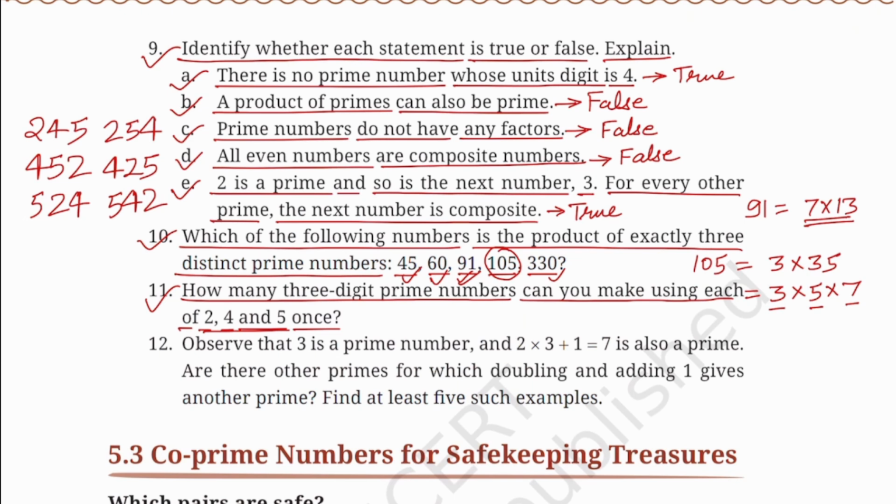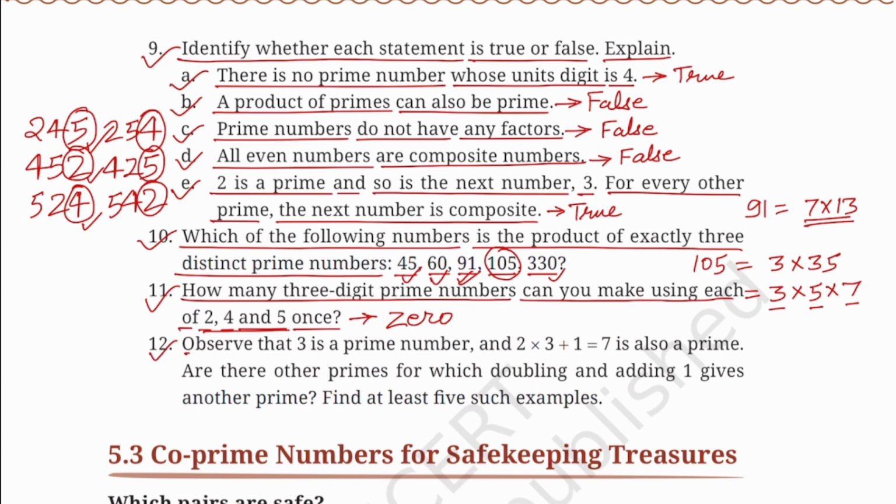Since you can see the unit place is either 2, 4 or 5. If 2 or 4, that means it is divisible by 2. If 5, that means it is divisible by 5. Thus, their factors will be more than 2. So, you will not get any prime number. The answer is 0.